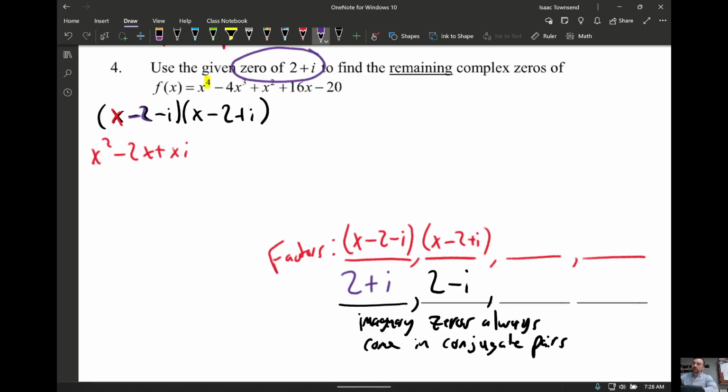And then distribute the -2 to all 3 of these, which gives you 3 more terms. And then finally distribute the i, which gets us up to 9 terms. 3 terms times 3 terms should give you 9 terms.